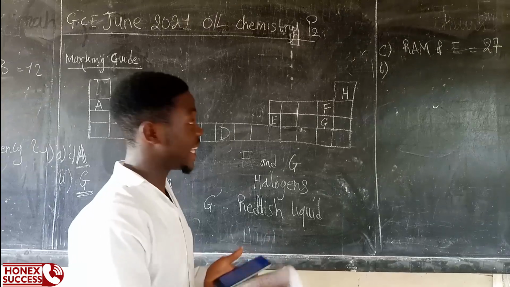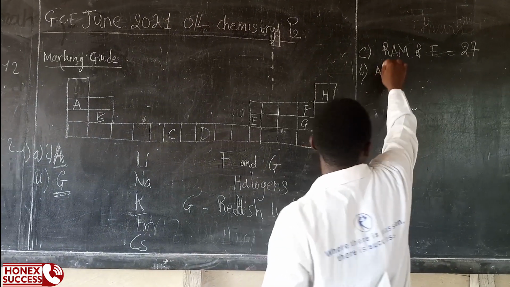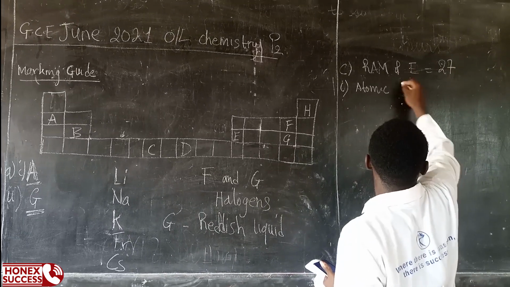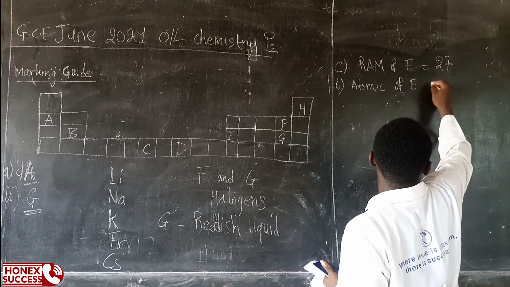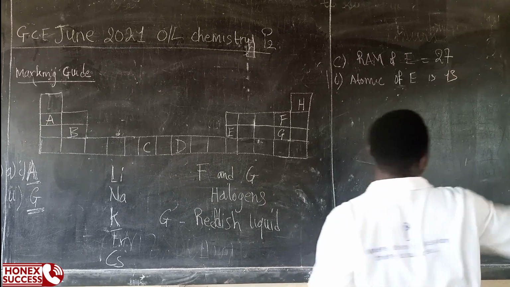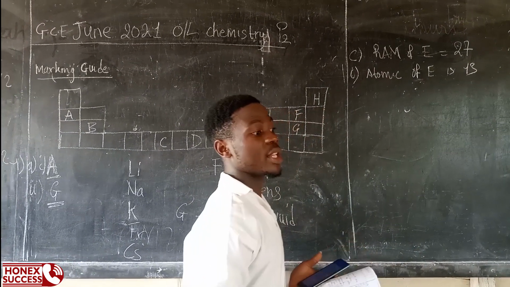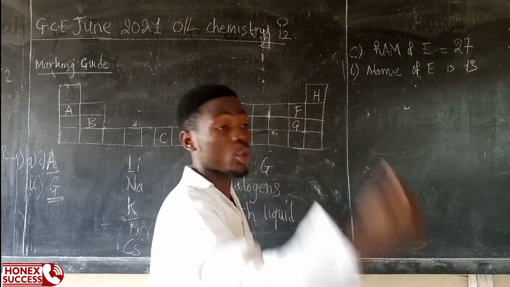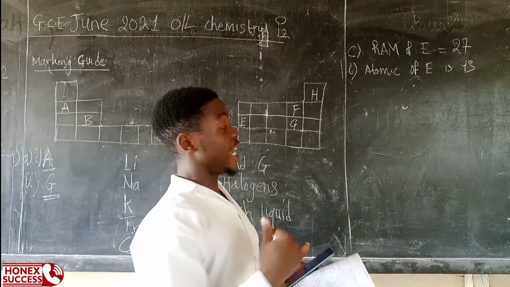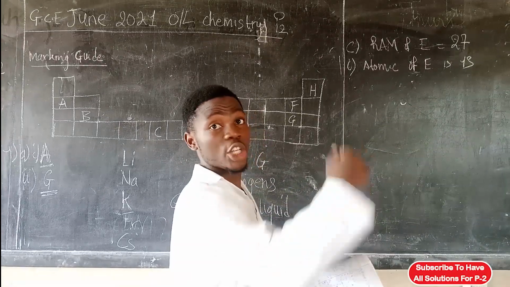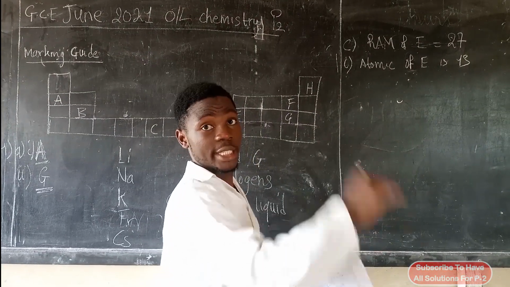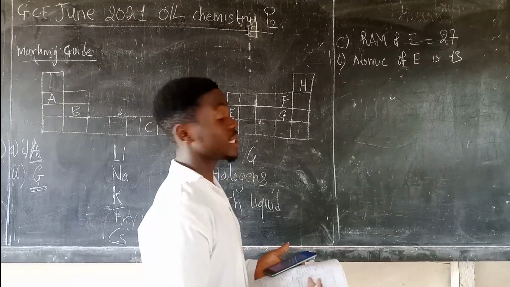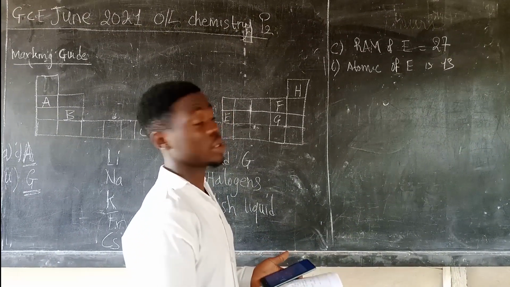And what does it mean for an element to have an atomic number of 13? It simply means the number of protons, from the definition we were given, in the nucleus of that atom is 13. So we have already gotten our Roman 1 answer, that is asking us to get the number of protons.